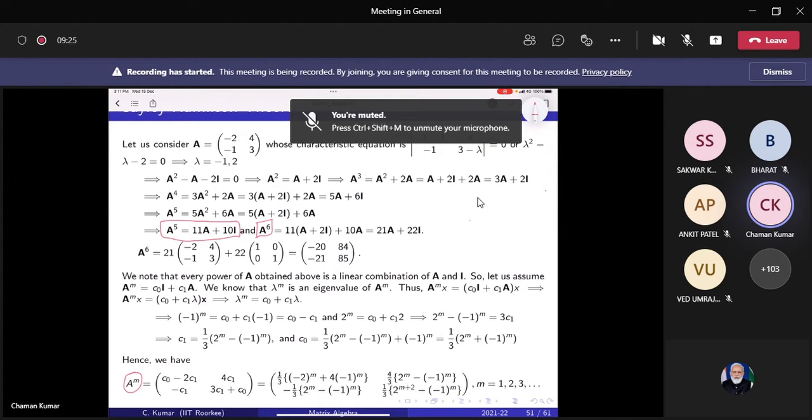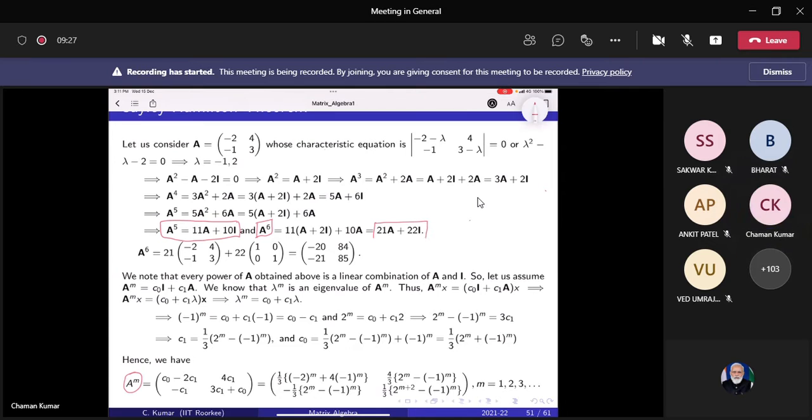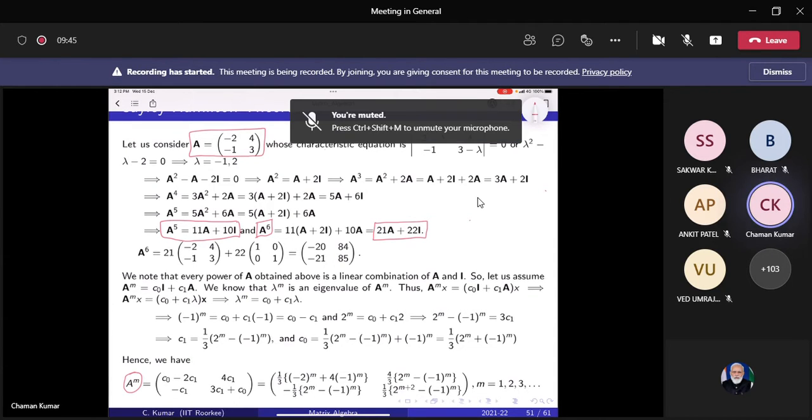You get A raised to 6 is equal to 21A plus 22I. Okay, and you can proceed in the same way. So if you are given a matrix A and you are asked to find the value of A raised to 6, you can obtain this value using the Cayley-Hamilton theorem.